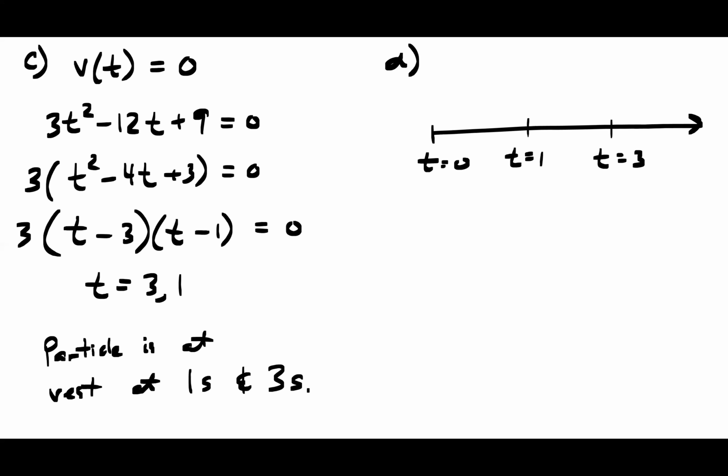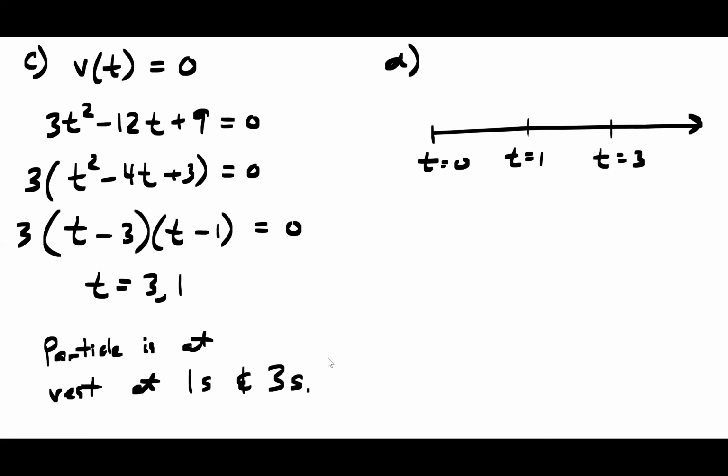So it looks like I have this situation happening. I have t equal to 0, it starts, right? t equal to 1, we know it changes direction there. Could possibly, at least it stops, right? It doesn't have to necessarily change direction. A particle can slow down and stop and then just keep on going the same direction. So that's a little tricky part. Now we have to figure out in between there, is the velocity positive or negative?